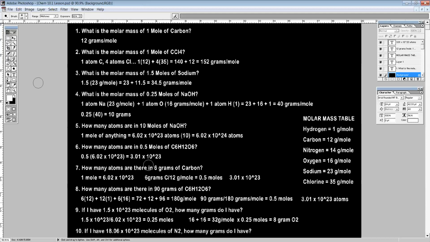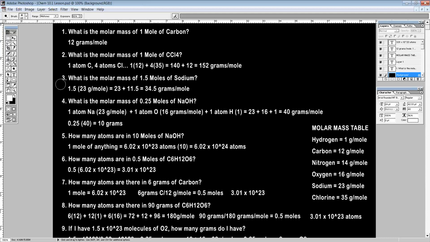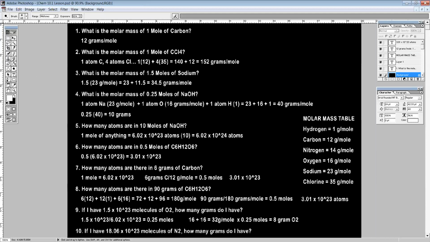All right, let's see then. Since we've mangled that up, let's do it real quick over here. So we've got 18.06 divided by 6.02. So that gives us 3 moles that we're dealing with.